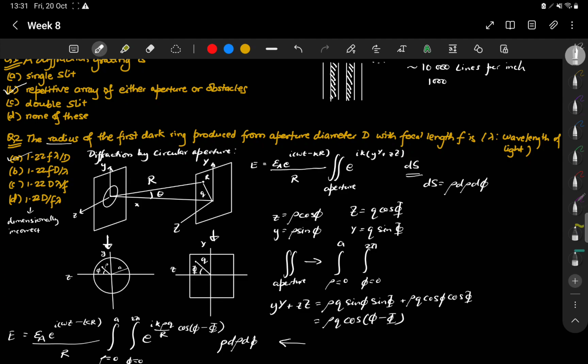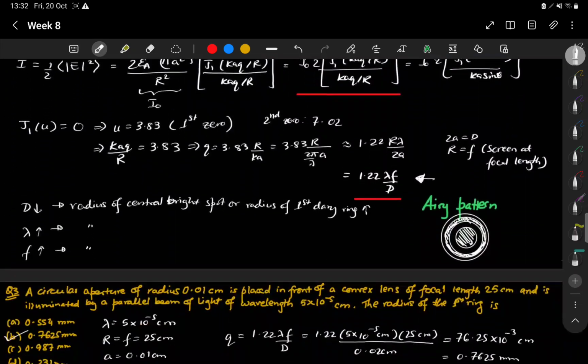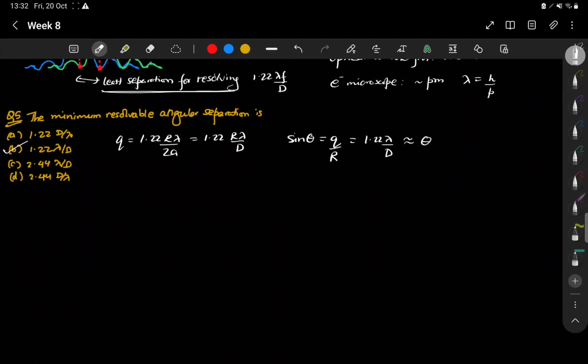I wrote this R over here, but it is this distance right here that is R. Okay, so I hope that clarifies the question.